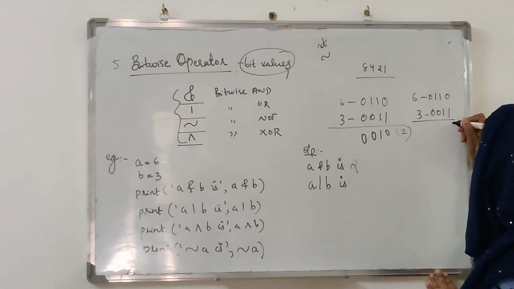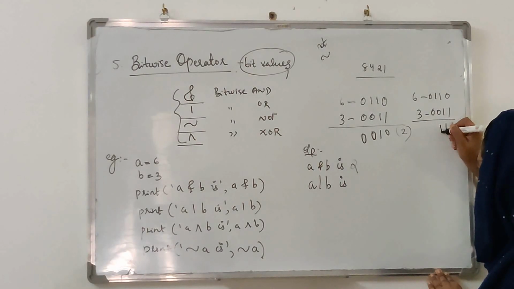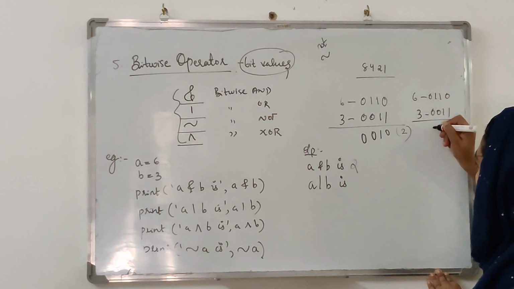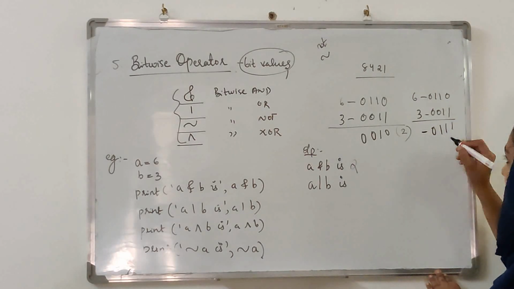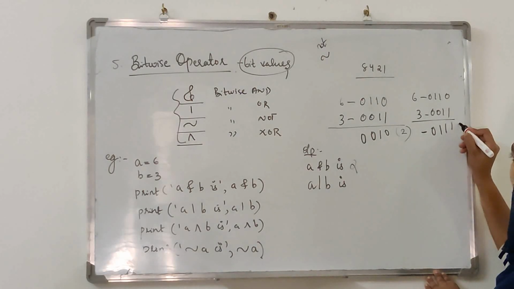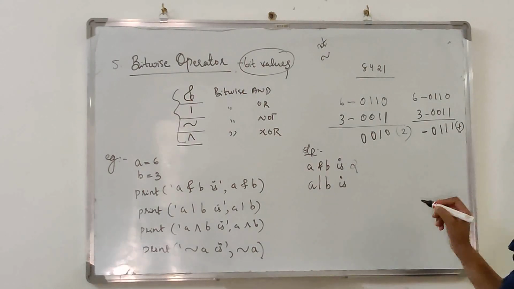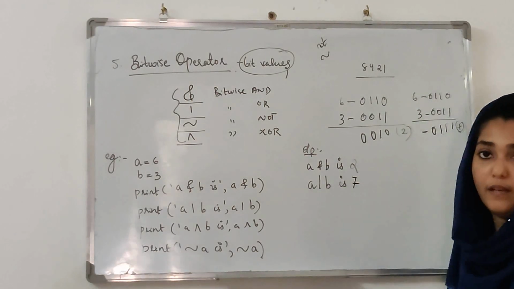So 0 or 1 is 1, 1 or 1 is 1, 1 or 0 is also 1, and 0 or 0 is 0. So 0, 1, 1, 1 will be our output, which is equal to the number 7. So what is our final output? A or B is 7.